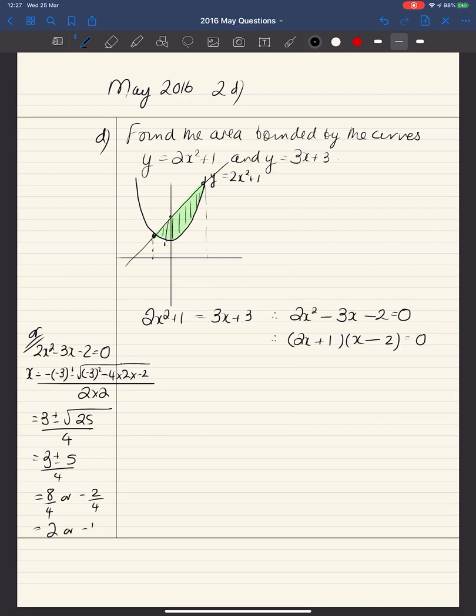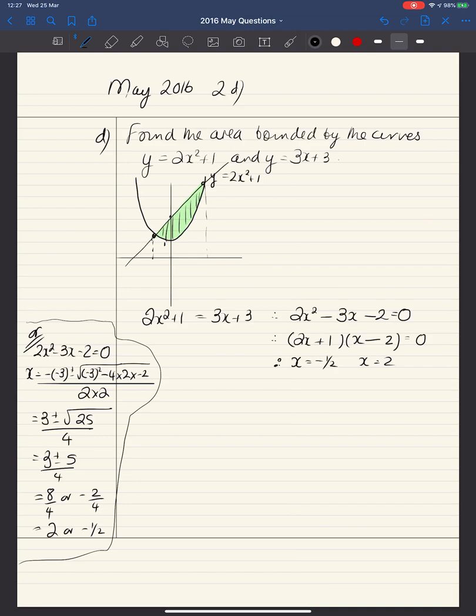So it's 2 or minus a half. The plus 2 means there's a factor of x minus 2. And then the minus a half corresponds to a factor, but you write it as 2x plus 1 because you need a 2 there. Actually, we're not factorising. We can just say, therefore, x is minus a half, or x is 2. We just need to get the values of x, which we can find like this.